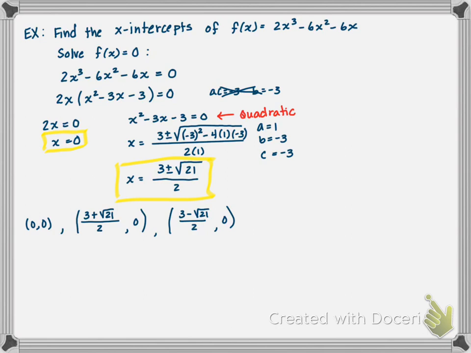So far, so good? Okay, so let's do this one. You guys try solving f of x equals 5x squared minus 3x minus 9 equals 0.